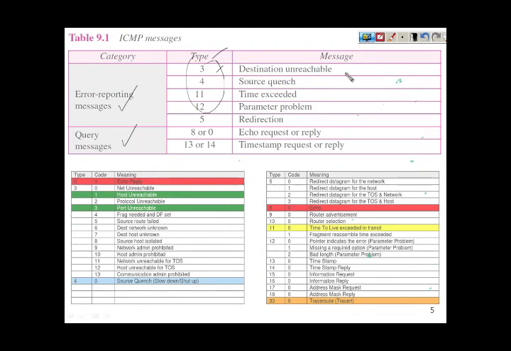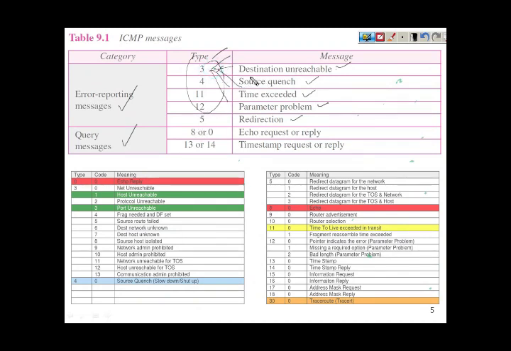What are these types? One, the error may be of the kind destination not reachable, source quench. The other type is time exceeded. The other is parameter problem, and the redirection. So all the errors are categorized into five types, and each type may have many possible reasons.